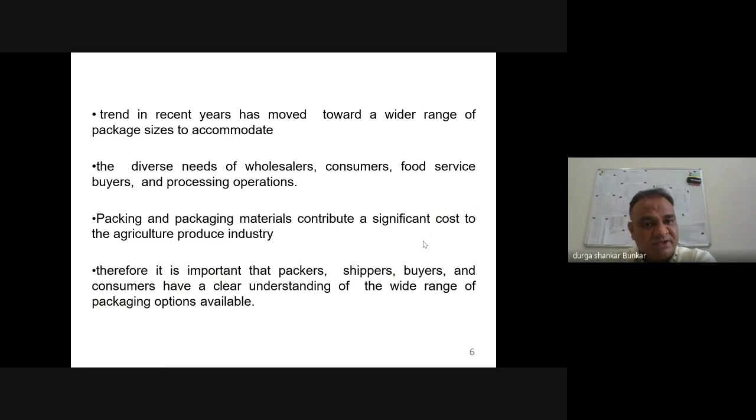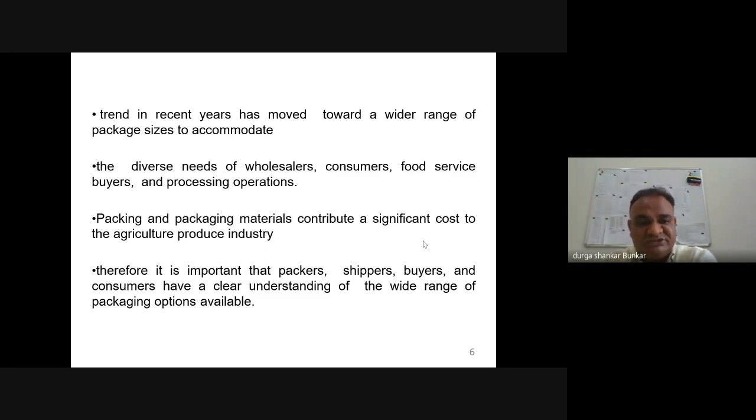So if we talk about the trends in recent years, there is a wide range of package sizes, from large to low volume, to accommodate the diverse needs of wholesalers, consumers, food service buyers, and processing operations.